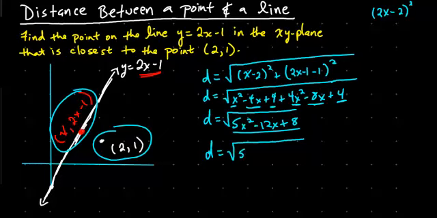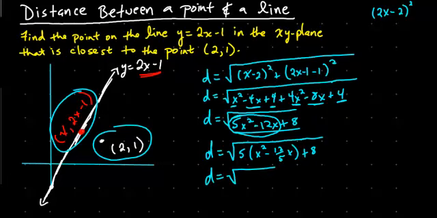So 5 times (x squared minus 12 fifths x) plus 8 is how I complete the square on 5x squared minus 12x. Well, I've got to factor out the 5 first, and now I complete the square. It's going to be 5 times (x minus b over 2) squared, so that's 12 over 5 divided by 2, which is going to be what?